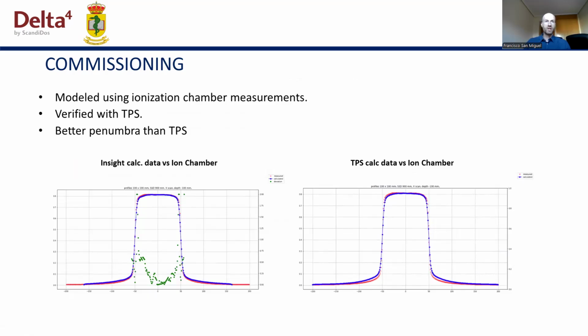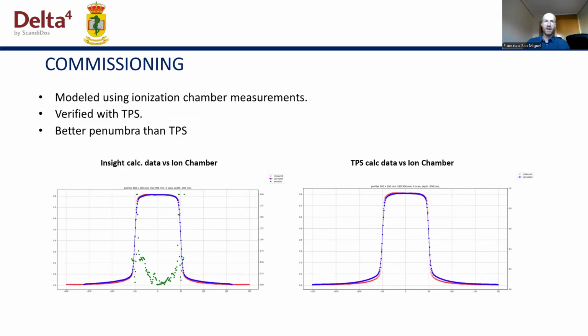The modeling of the different radiation beams is performed using the measurements acquired with the ionization chamber, and it is subsequently verified against the calculations from the treatment planning system.